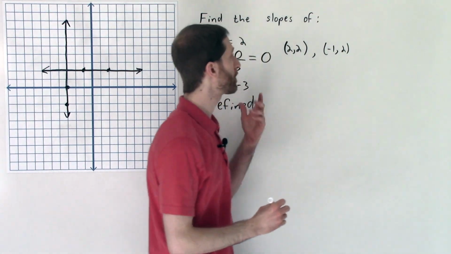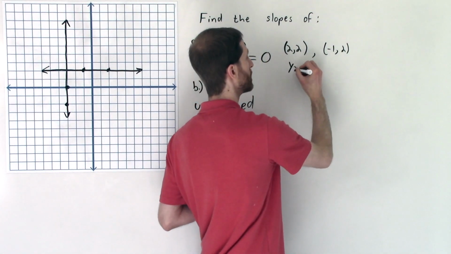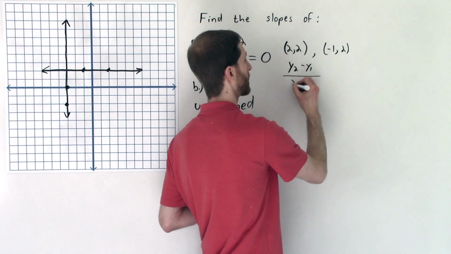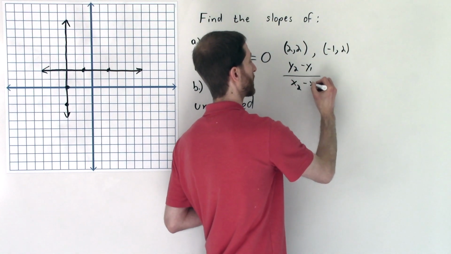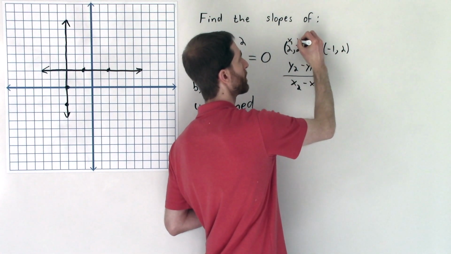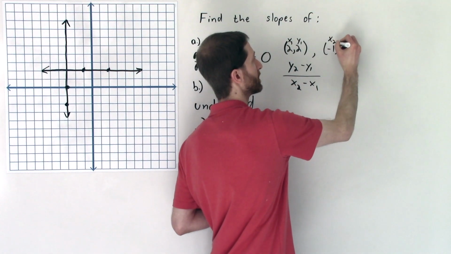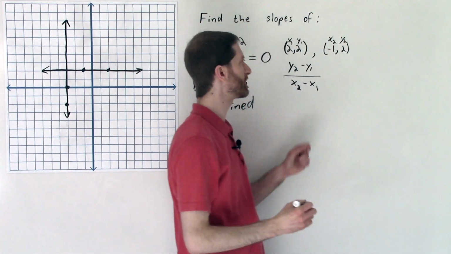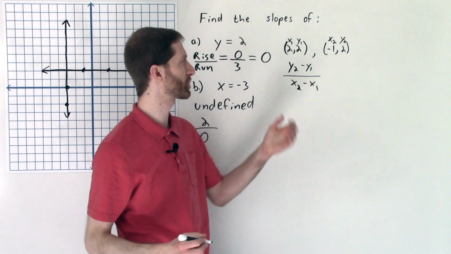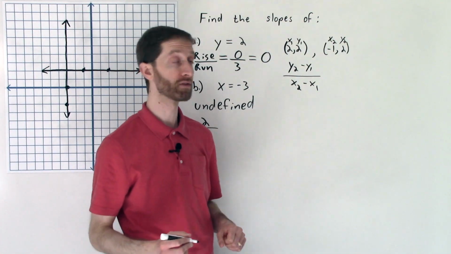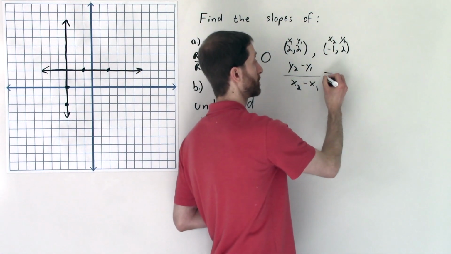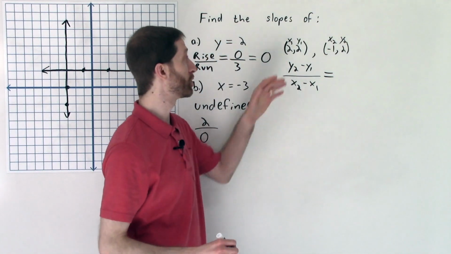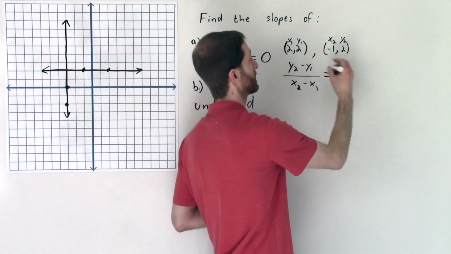Perfect. So now if I were to use the slope formula, that would be y2 minus y1 over x2 minus x1. We'll make this x1, that y1, this x2, and this y2. And for those of you saying, what's he doing with the x2s and the y2s and the y1s and the x1s? Check out my previous videos on finding slope between 2 points. Okay, so we do y2 minus y1, that's 2 minus 2.